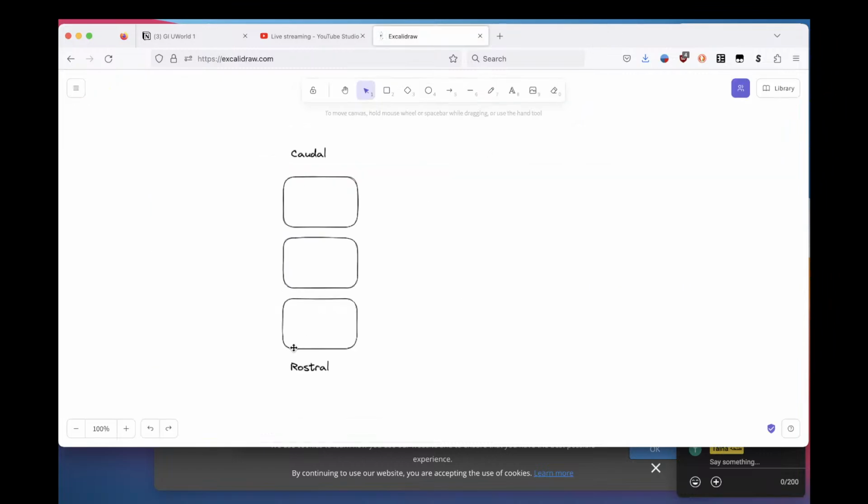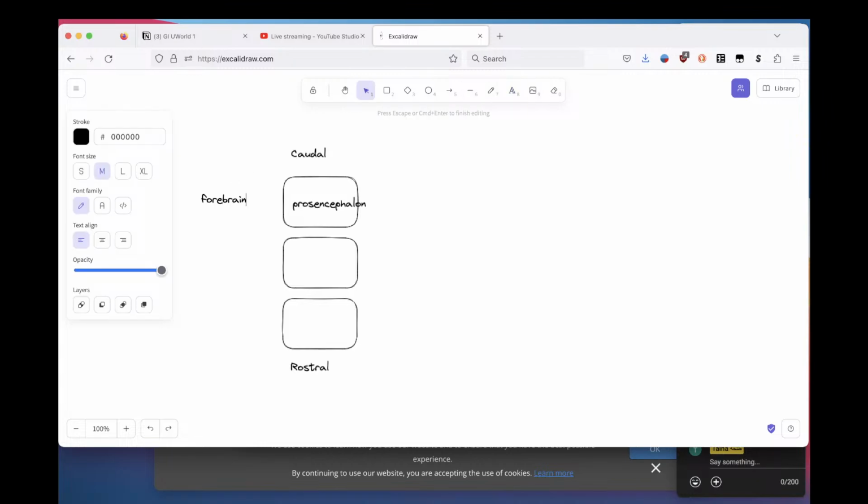Okay, cool. So the first one we have is the prosencephalon, also known as the forebrain. Then midbrain, hindbrain. The prosencephalon, and this one is the mesencephalon.